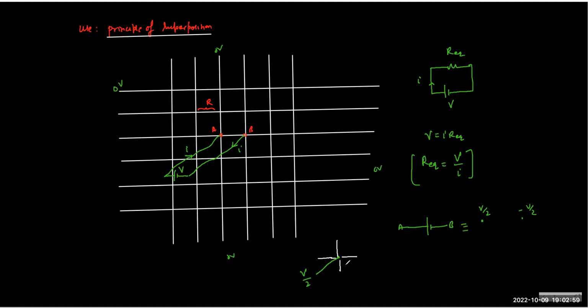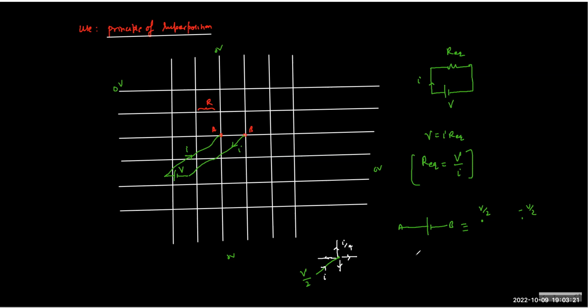If all 4 paths are identical, can we say the current will divide equally? So if I say this is the current I going from the V by 2, can we assume each current is I by 4? Fair enough.